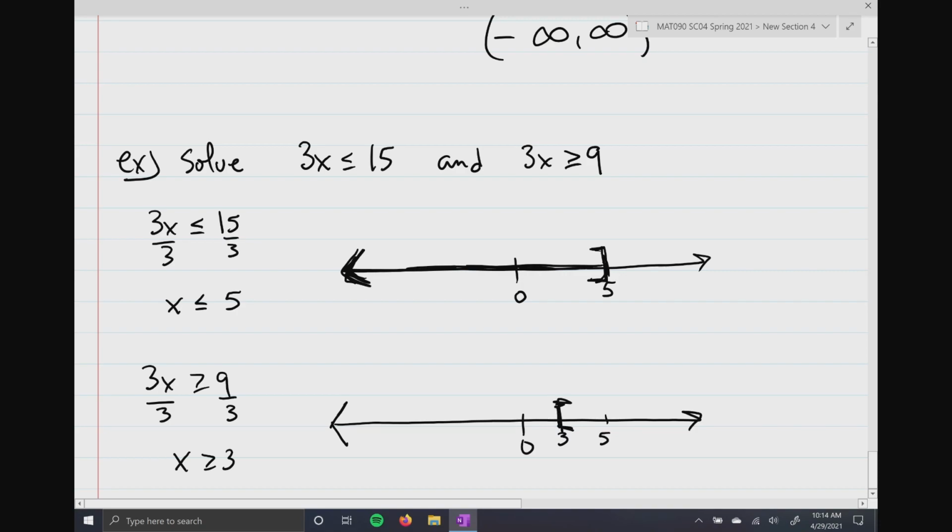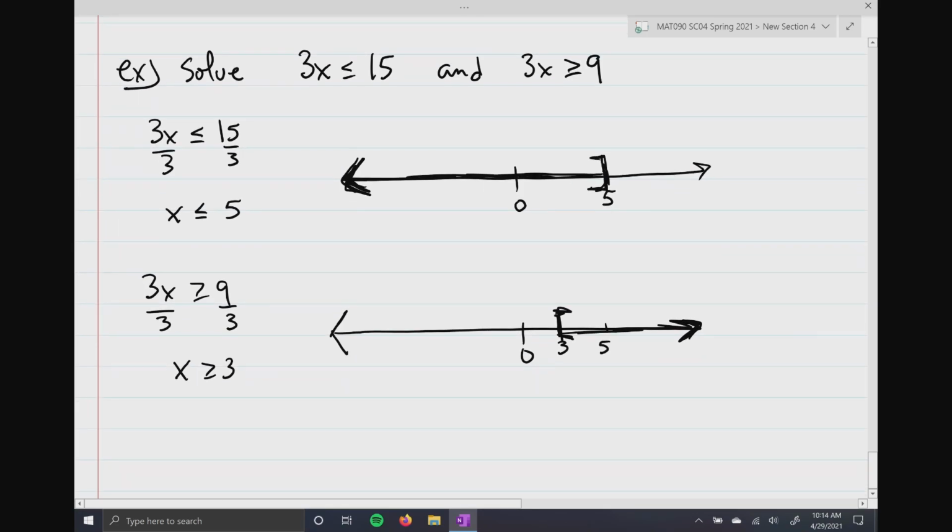It gets a bracket, and I shade to the right. Now, for the final step, I write my squiggly braces. I write whatever I got: x is less than or equal to 5, and x is greater than or equal to 3.